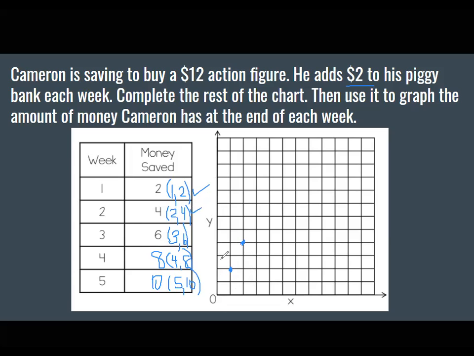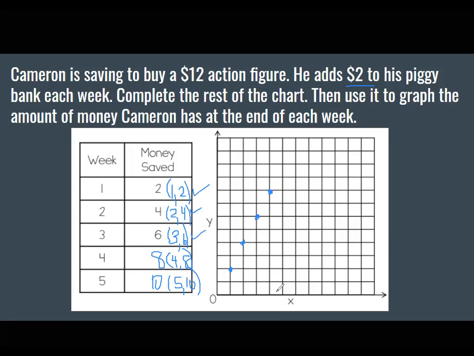And now we're going to plot 3, 6. So we're going to go to the right 3 and up 6. So 1, 2, 3, 4, 5, 6. And 4, 8. So we'll go to the right 4, 1, 2, 3, 4. And this was 6. So we're going to go up 2 more to 8. And last, we're going to plot 5, 10.